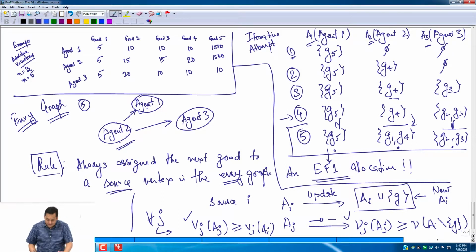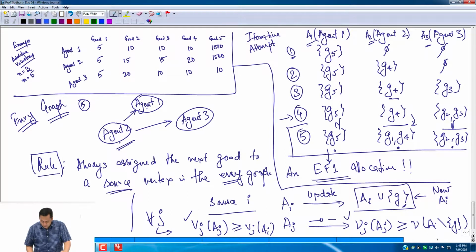At any stage, say I look at the envy graph, and say by luck, there's a special case, if you will. Again, there could be envy graphs where there is no source, but let's worry about that later. For now, say that your envy graph does have a source vertex, i.e. there's this agent i that no one else envies, and what we did in this procedure throughout was take the next good, let's say g, and assign it to agent i.